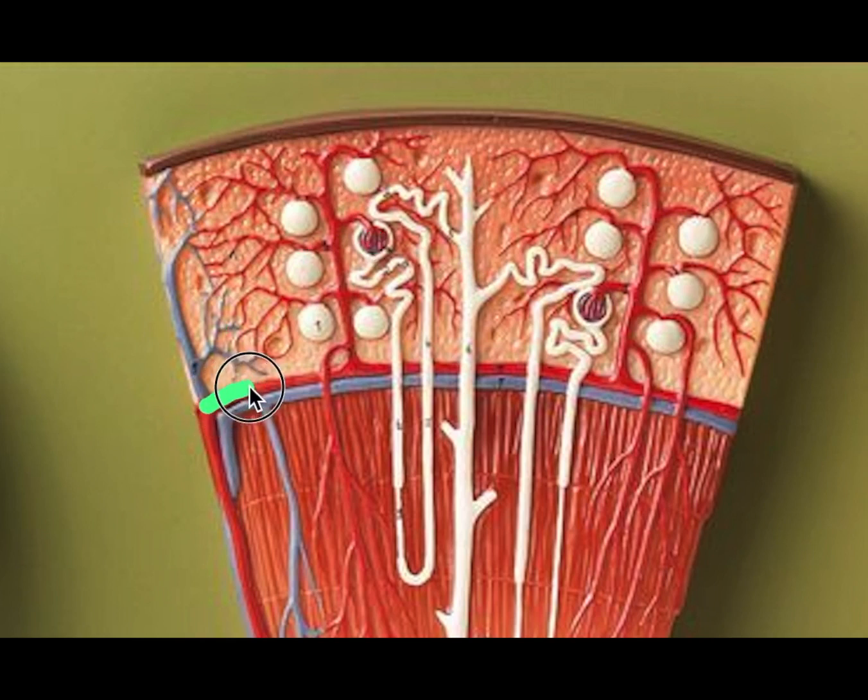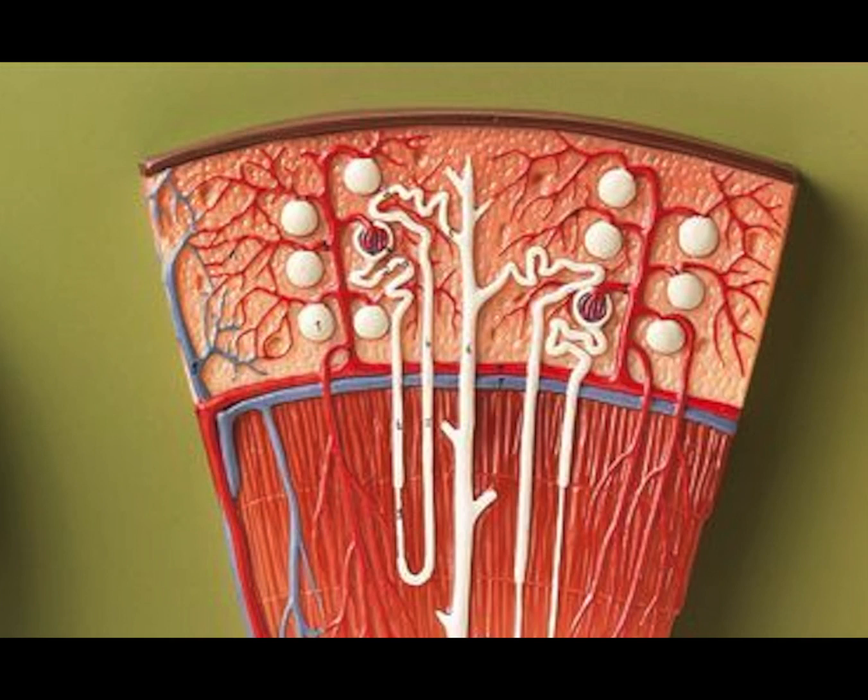So this vessel right here is the arcuate artery, and then this one is the arcuate vein. And here's an interlobular vein here and an interlobular artery here. And then this artery and vein would be the interlobar artery and vein.